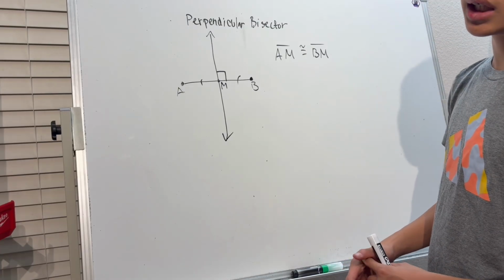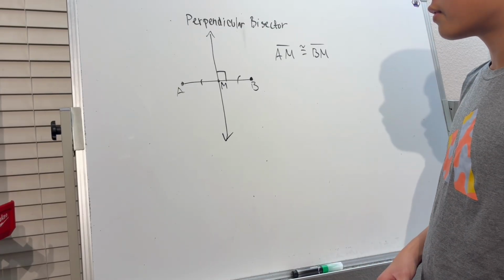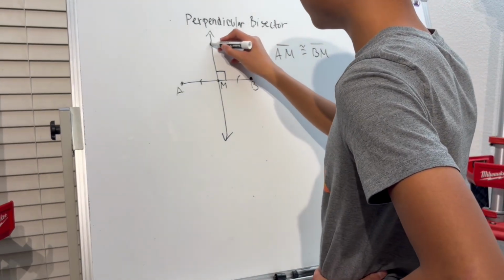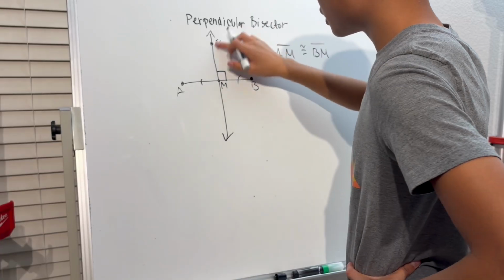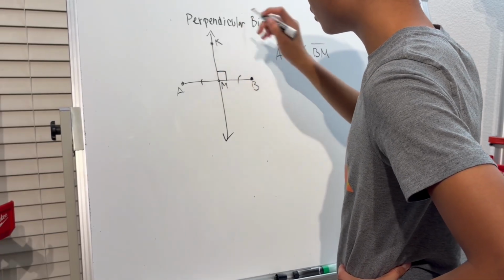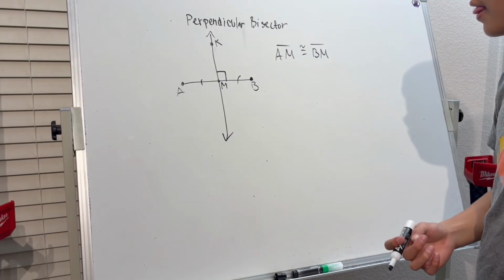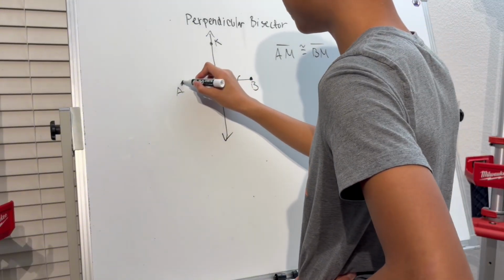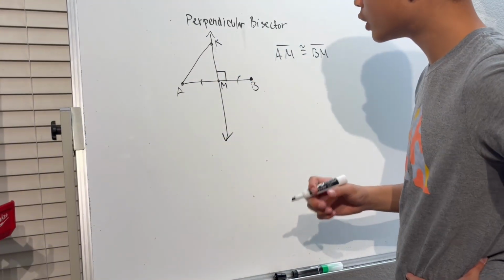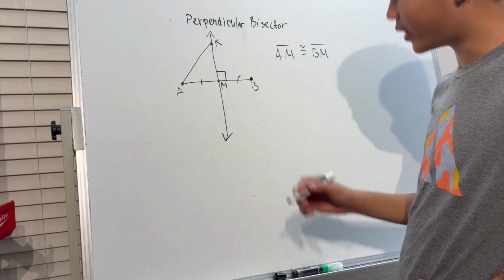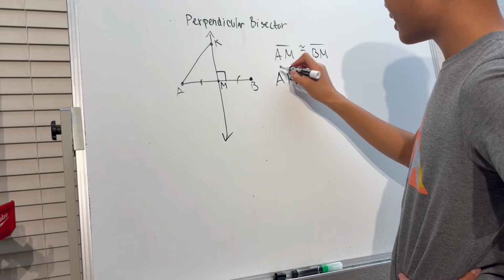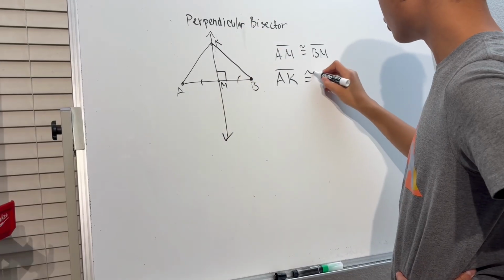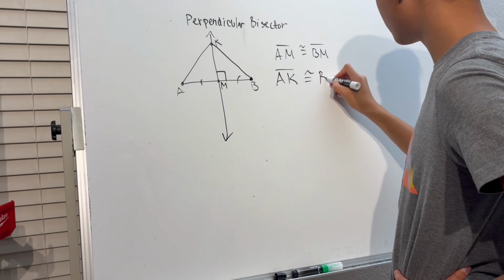Now for the perpendicular bisector theorem, let's say we have any point on this line. Let's do point K. If you connect it to the endpoints of this segment, which are A and B, AK is congruent to BK.